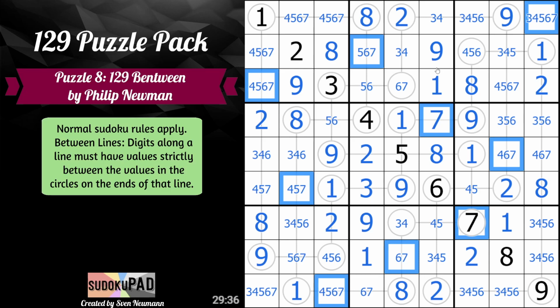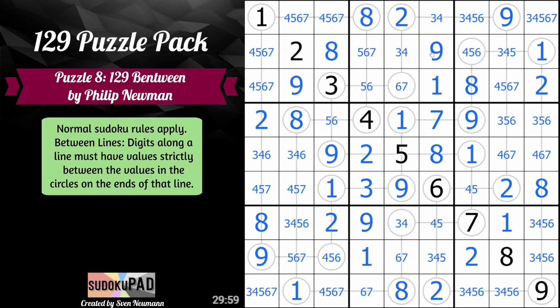So all that does is tell us that 7 can go there. Maybe I think about the implication of the 6 sevens here and the 3 fours.